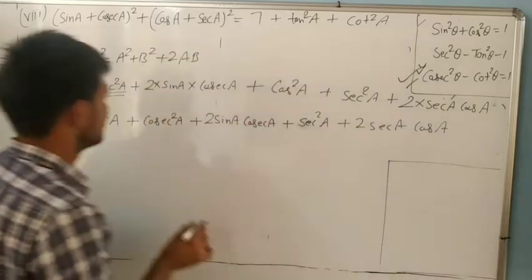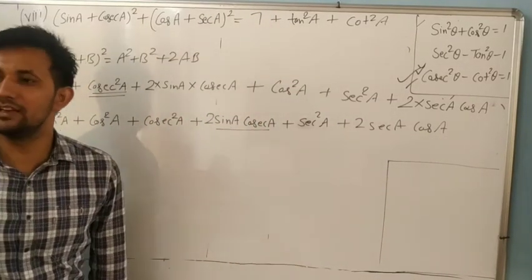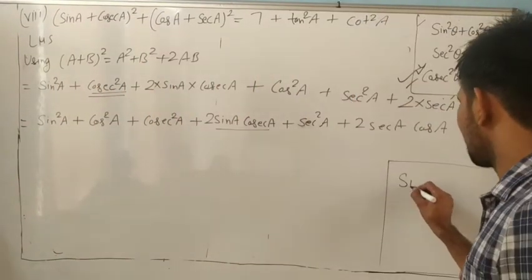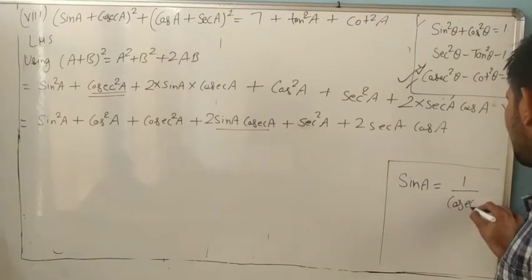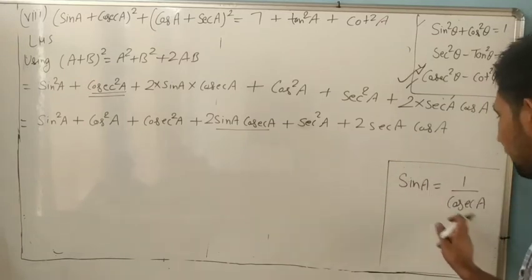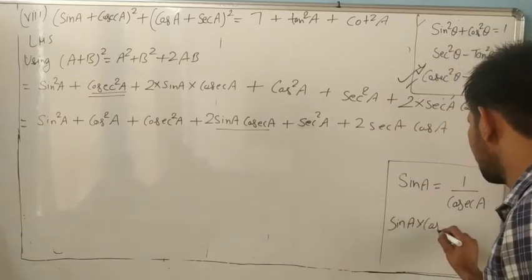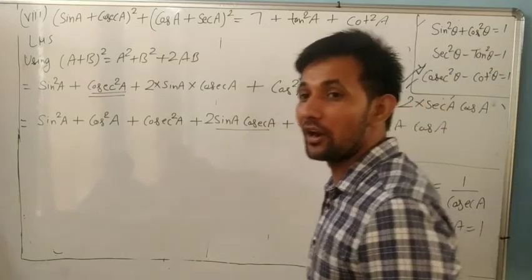And sin A into cos A, how much? Sin A is the reciprocal of cosecant A. Multiply sin A into cosecant A is equal to 1. 1 or not?